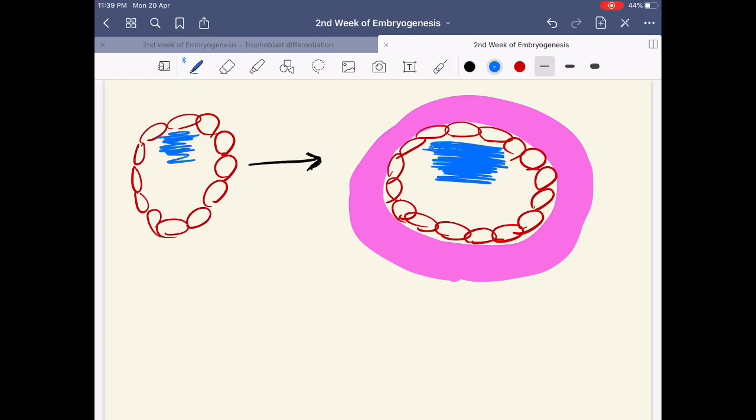So you see this pink highlighted portion? That actually is called the syncytial trophoblast. It's also called plasmodiotrophoblast.